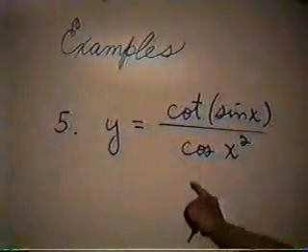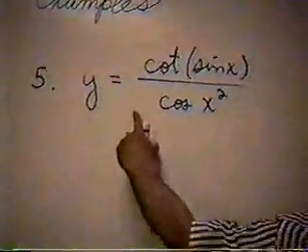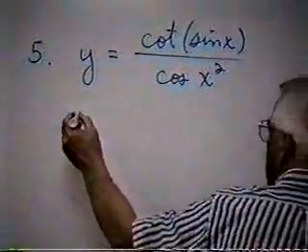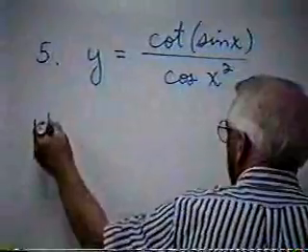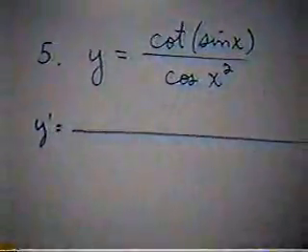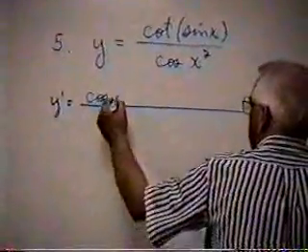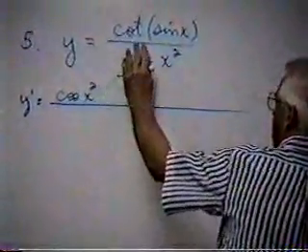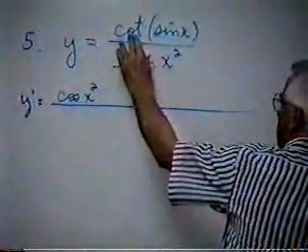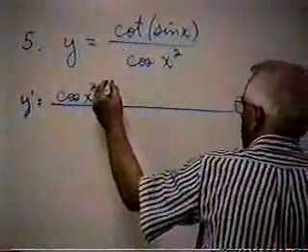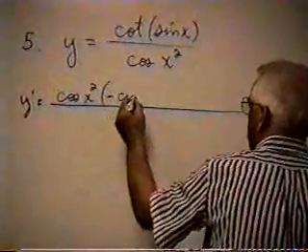All right, let's look at division. Okay, this is the quotient rule. So y prime is equal to, write the bottom one down, so it's a cosine of x squared times the derivative of the top. What's the derivative of cotangent? Derivative of cotangent is minus cosecant squared.